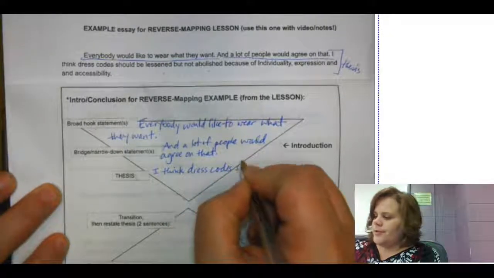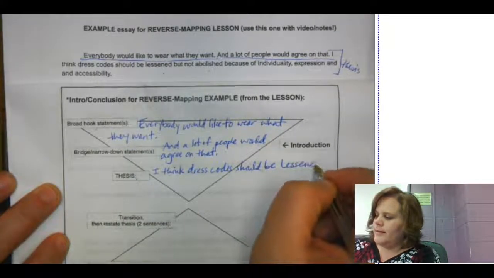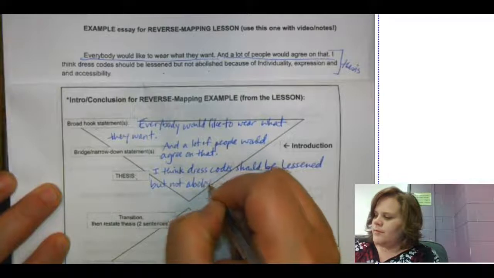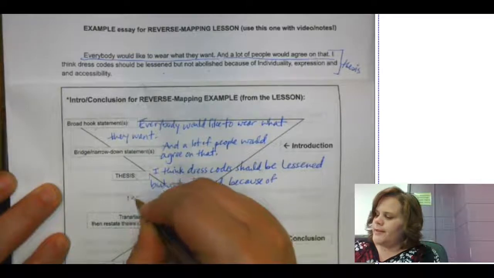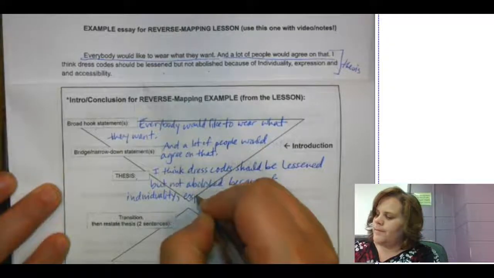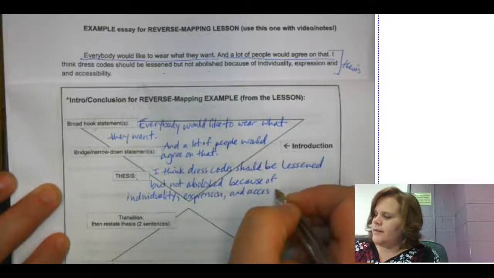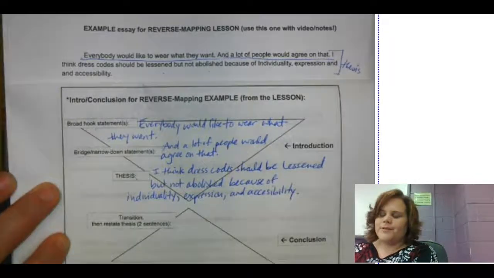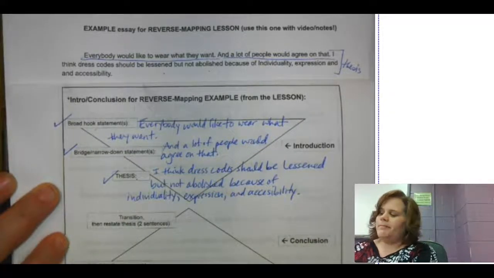I think dress code should be lessened but not abolished because of 3 reasons: individuality, expression, and accessibility. Okay, so there's the introduction. It happens to have all 3 things, so not bad.